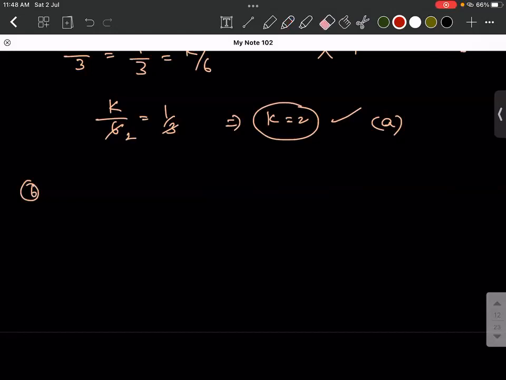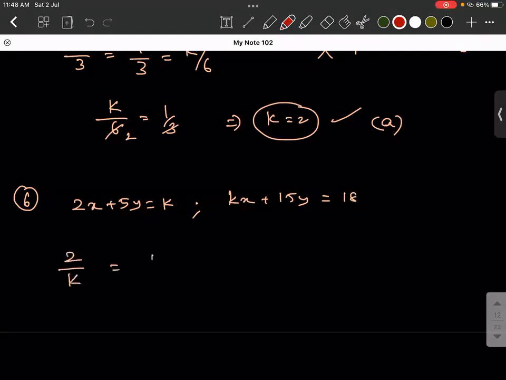Sixth one. kx plus 15 by a is equal to 1/8. Okay. Infinitely many. So 2 by k is equal to 5 by 15 is equal to 18 by k.